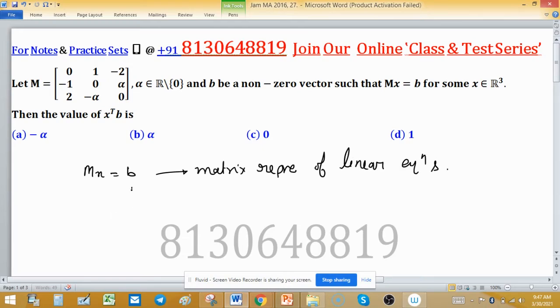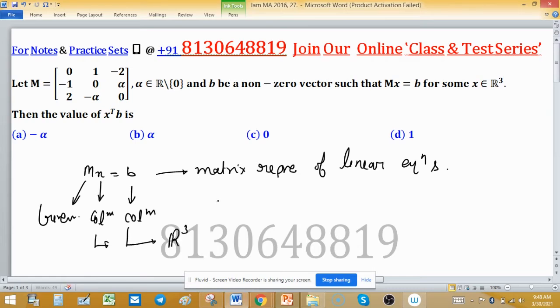So b is a column vector, you can understand from earlier classes. This is again a column vector, and this is the given matrix M. This column vector is coming from R3.